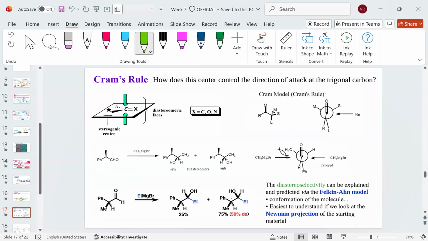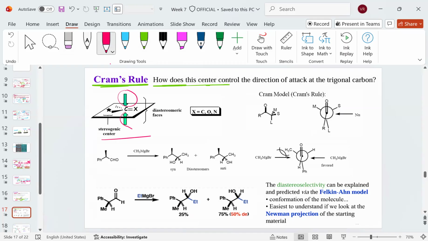Further, whenever we are doing a reaction on the carbon center, one important example of this attack is Cram's rule. In this case, how does the adjacent center control the direction of the attack on the trigonal carbon? That is generally shown by Cram's rule.